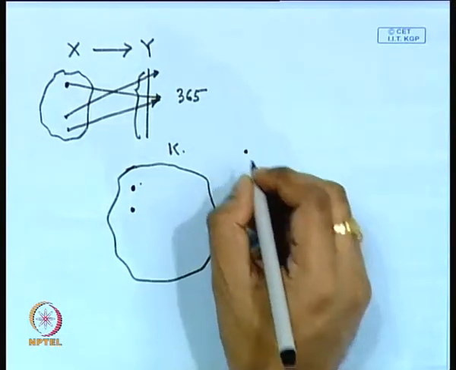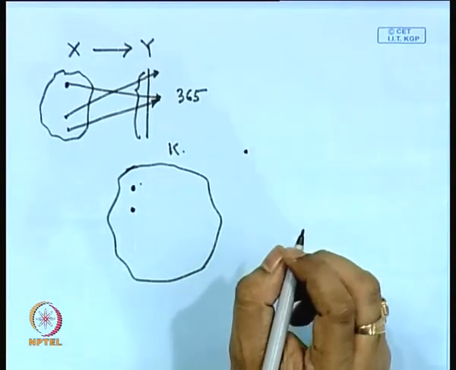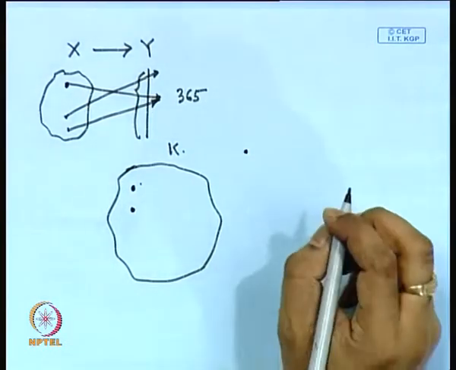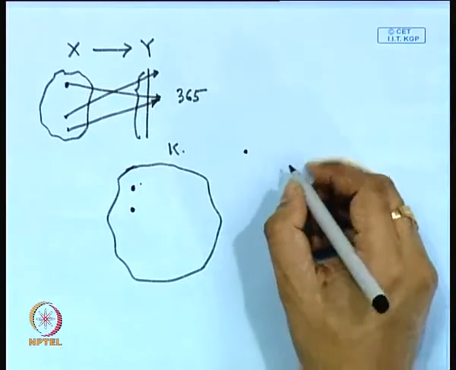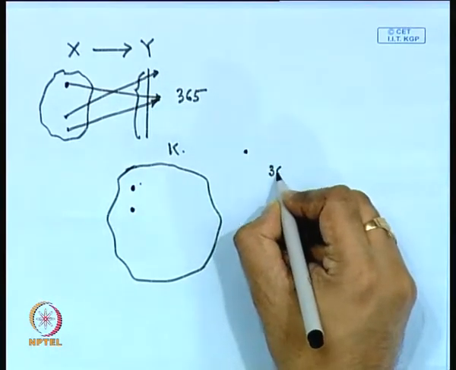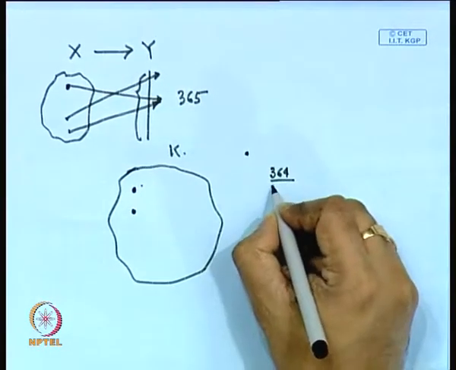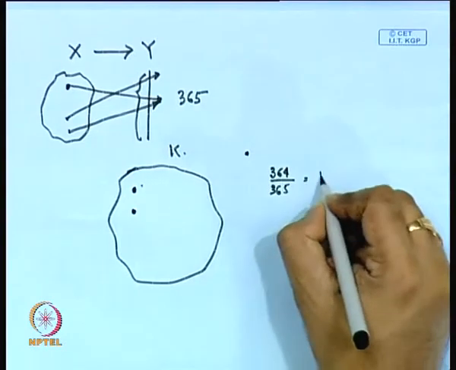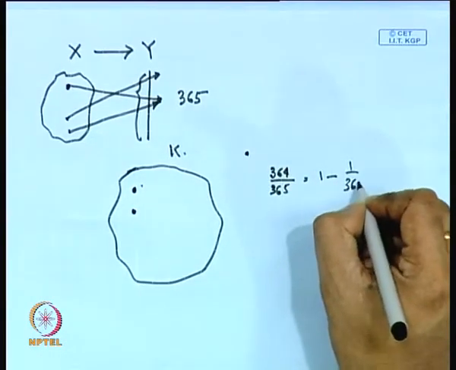So from 365 days, he can be born on 364 days. That is 364 divided by 365, or 1 minus 1 by 365.